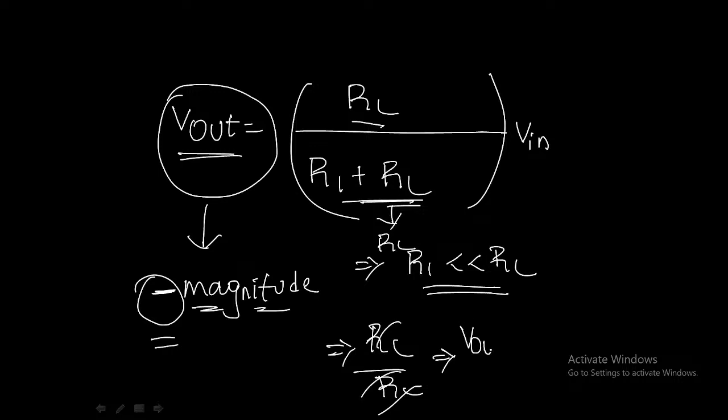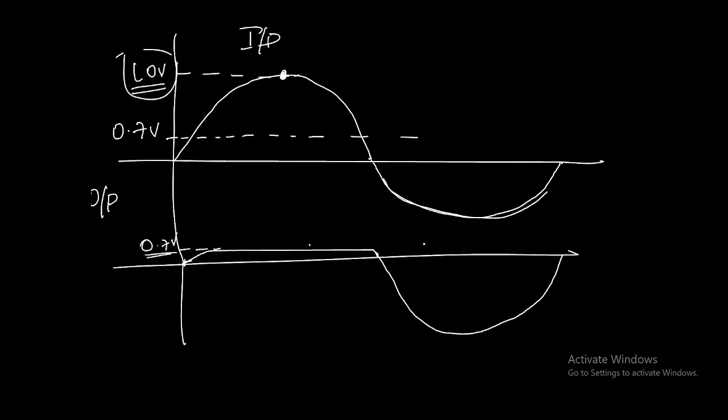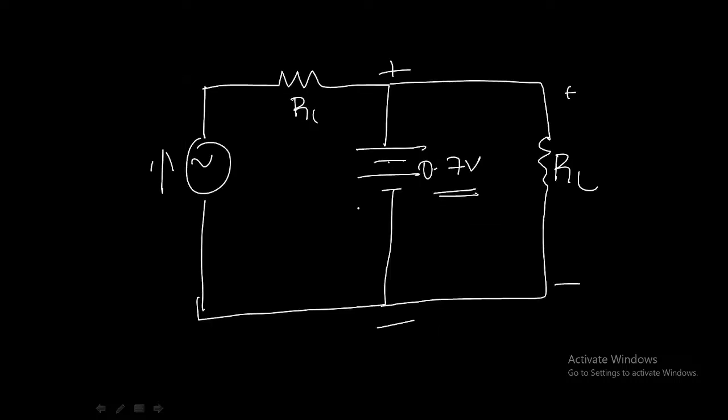Vout equal to Vin. So the magnitude of the output negative phase will be equal to the input negative phase. That is why we consider R1 very much less than RL. This is how a positive clipper circuit works.